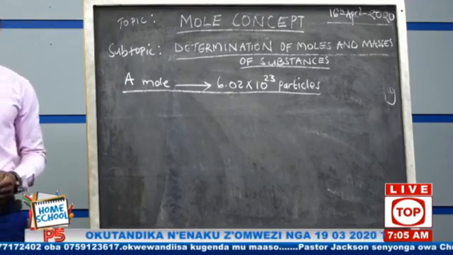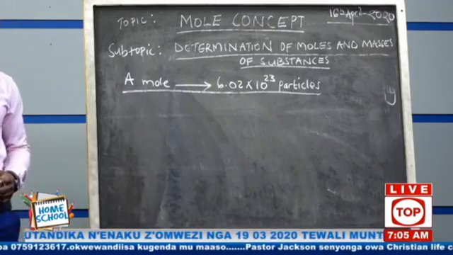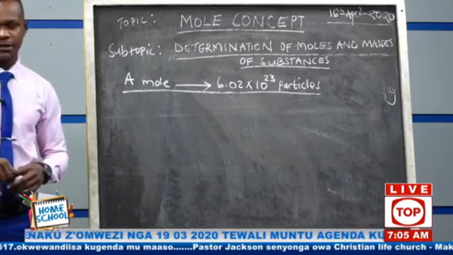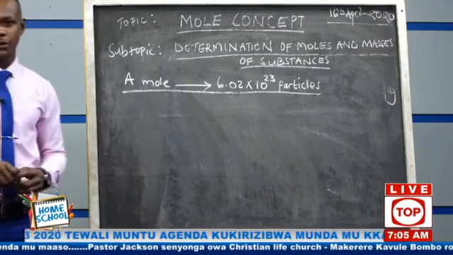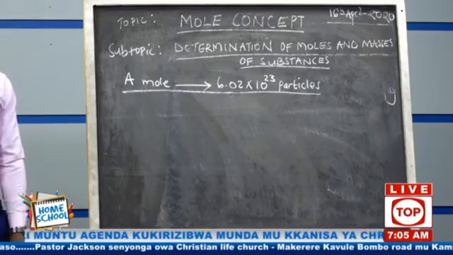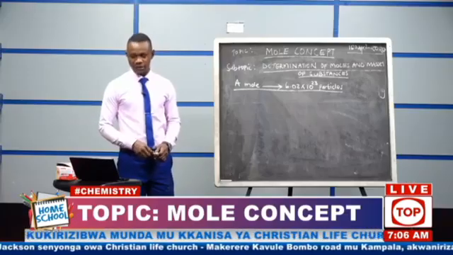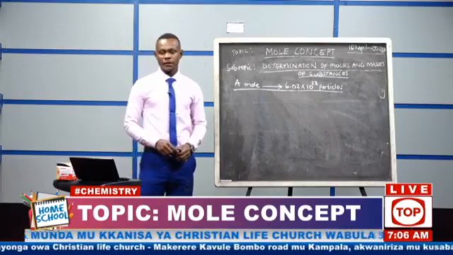So we also looked at a number of definitions, but for today's lesson, there are definitions which we are going to use. For example, relative atomic mass. I would request for that slide, slide 7, relative atomic mass.